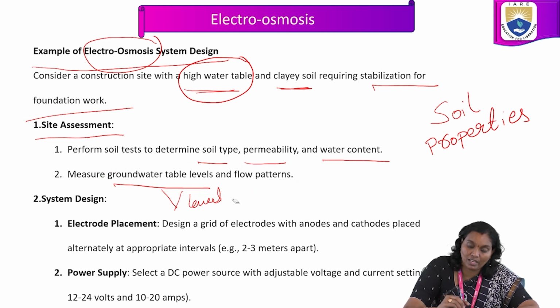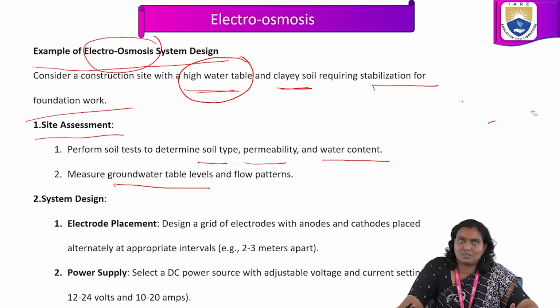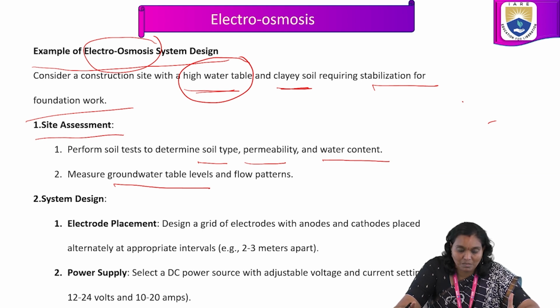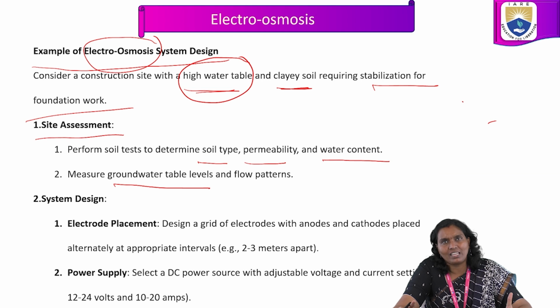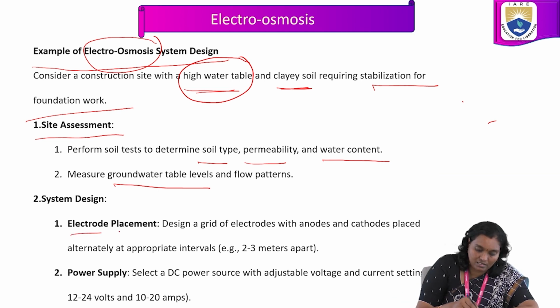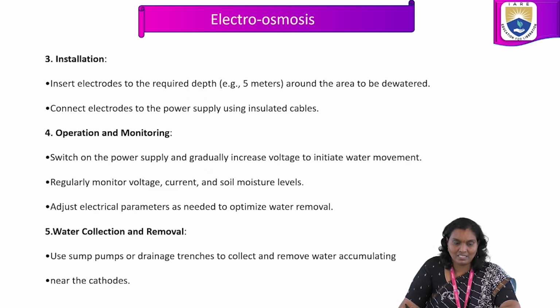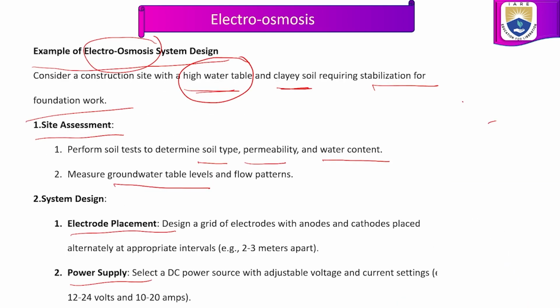That is the site assessment, covering water table levels and flow patterns and the soil conditions. The next one is system design. In system design, we consider electrode placement and power supply.